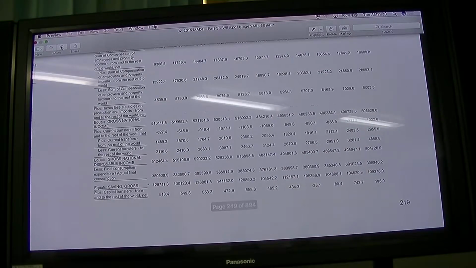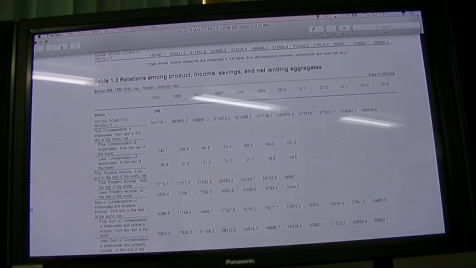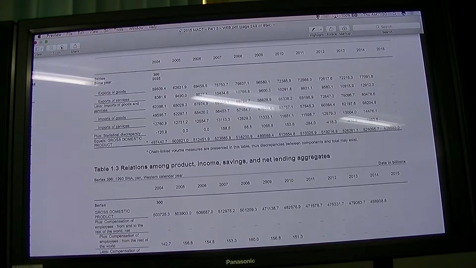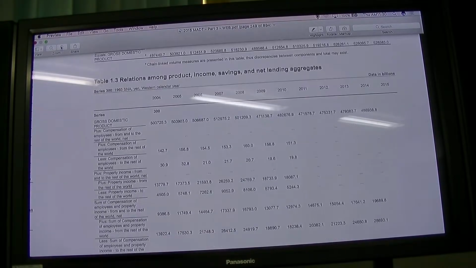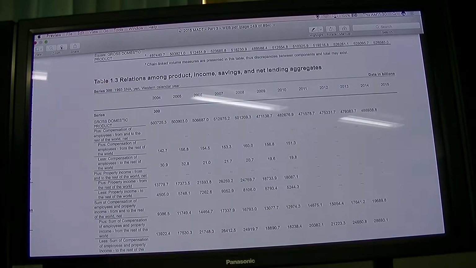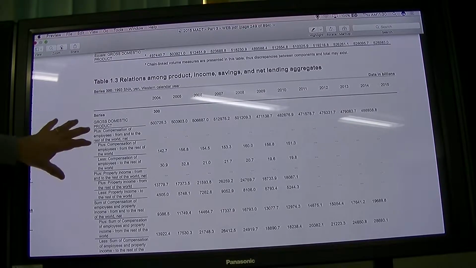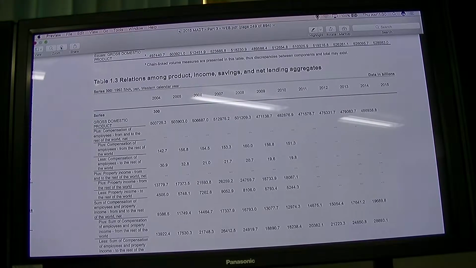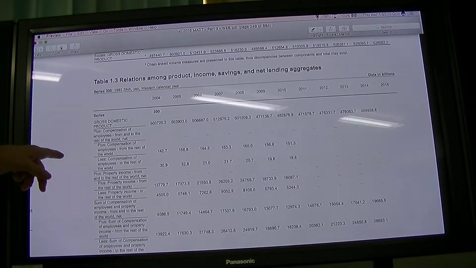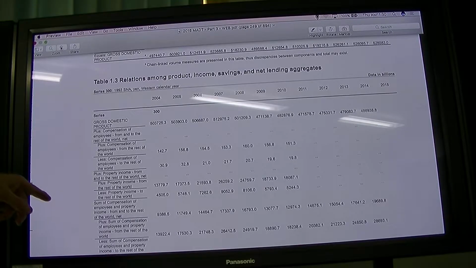And then we're going to talk about table 1.3. This is the relations among product, investment, savings, and net lending. This talks about the relationship with the rest of the world. And so here's where I get the figures.